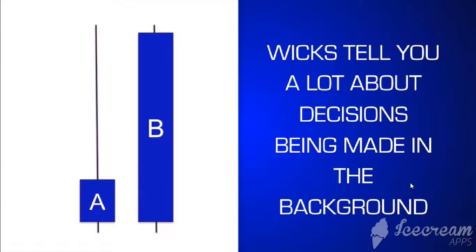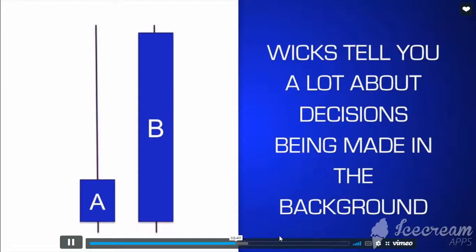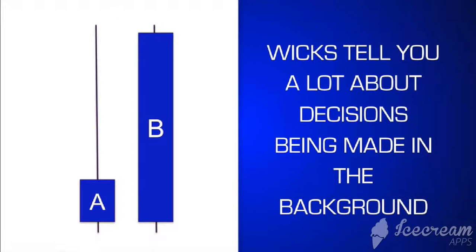For instance, when you have long wicks forming in certain areas, it is a sign that the market, and when I say the market, I'm talking about all those candlesticks on your chart right now. You see all those candlesticks that are forming. Some of them are going up, like overall they're going up, and some of them overall are going down. But what I'm saying is, when you see wicks in certain areas, it's telling you that the market may not want to move much higher, may not want to go up higher.